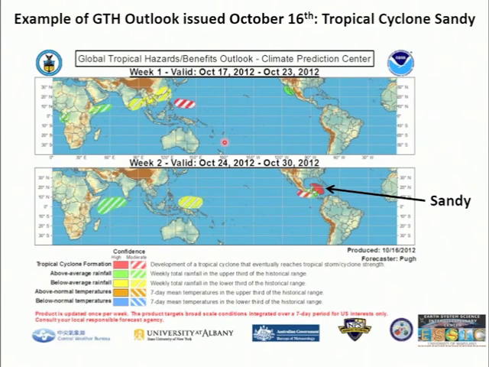And you can see that these forecasts were showing very enhanced probabilities for tropical cyclone formation, exactly where Sandy developed. So this type of research is not only interesting for academic reasons, but has direct impact to society.